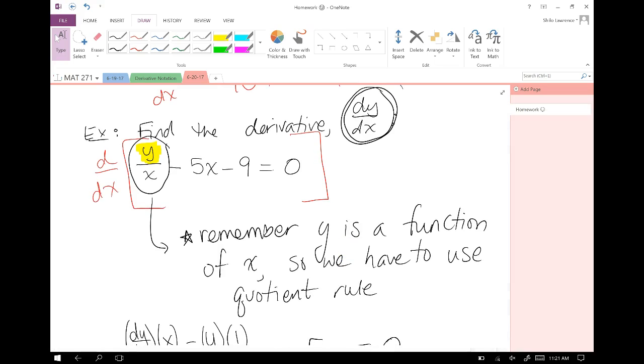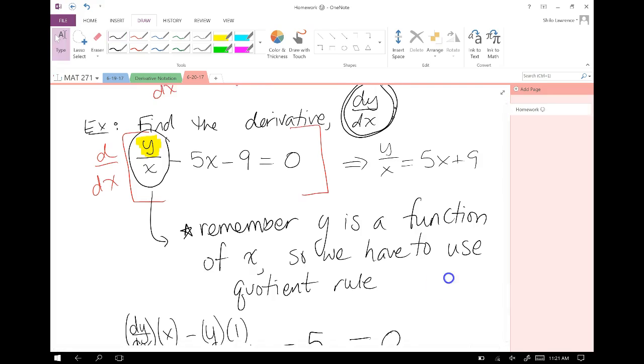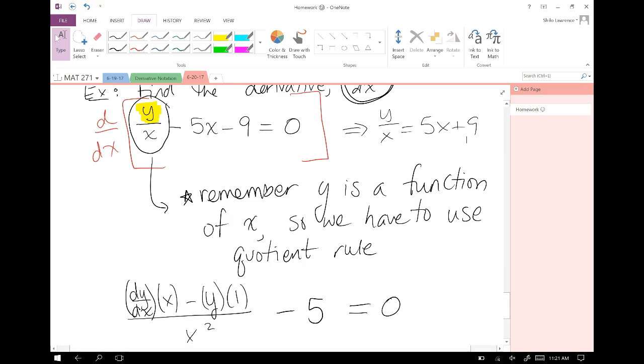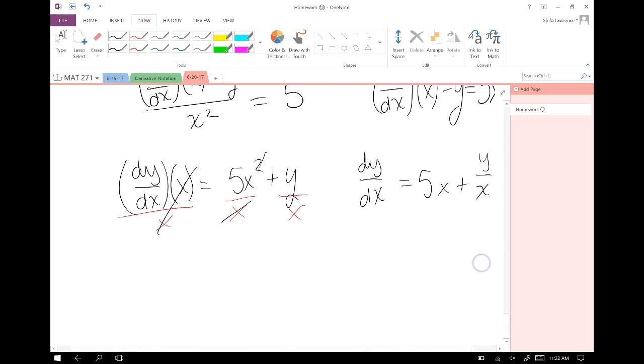What is y over x equal to? I can solve that for y over x. Y over x is equal to 5x plus 9. So if I want my dy dx to be only in terms of x, I can go into that implicit derivative and replace y over x with 5x plus 9.